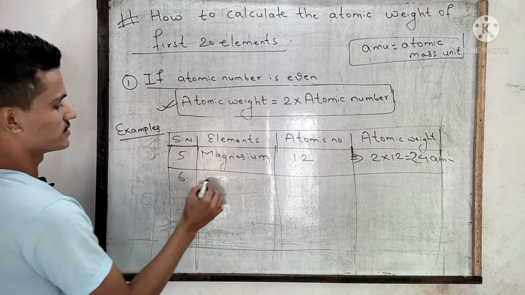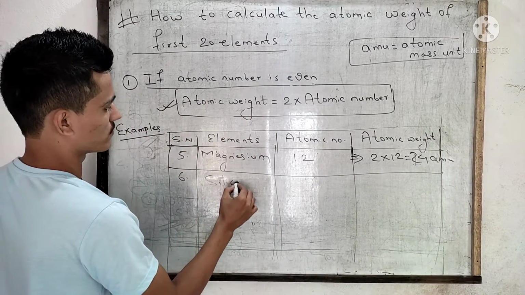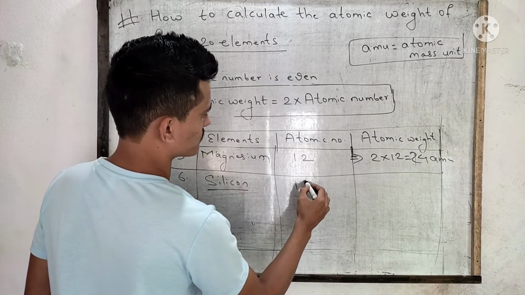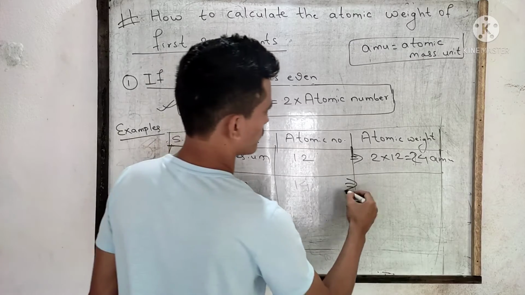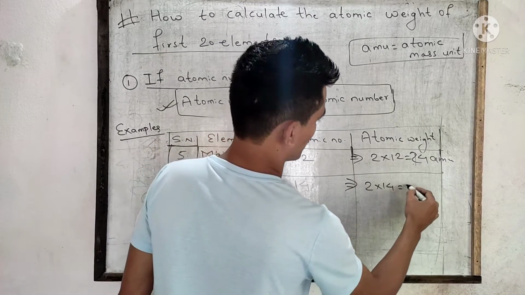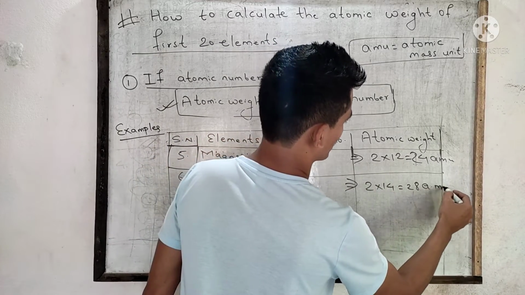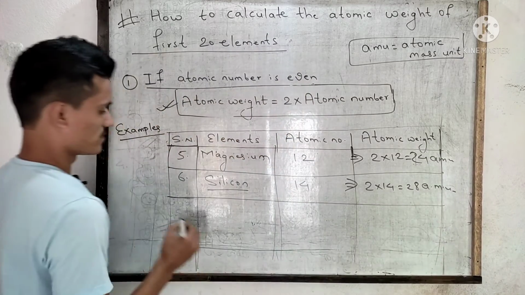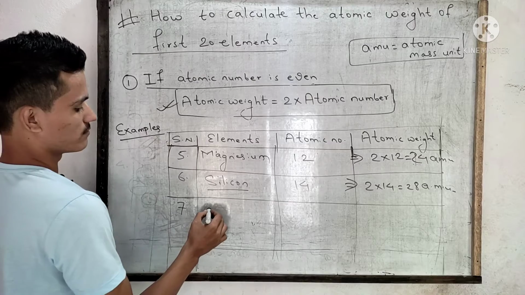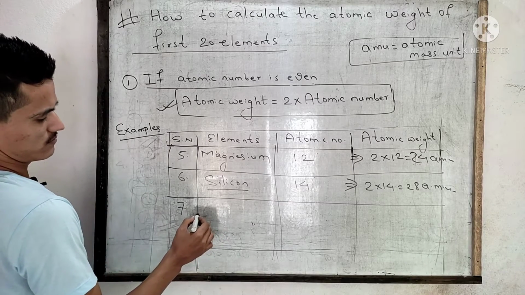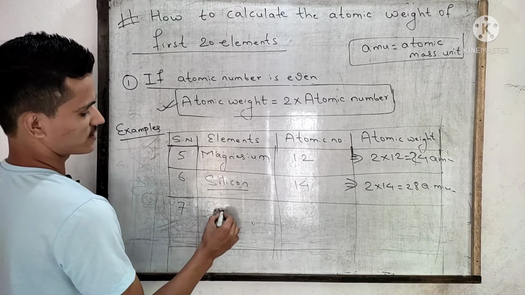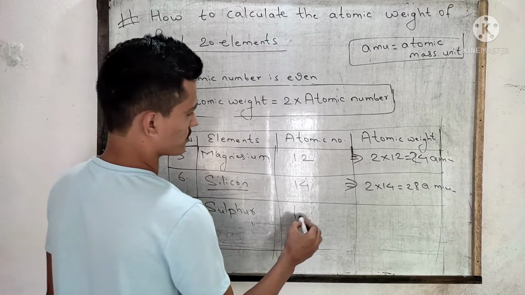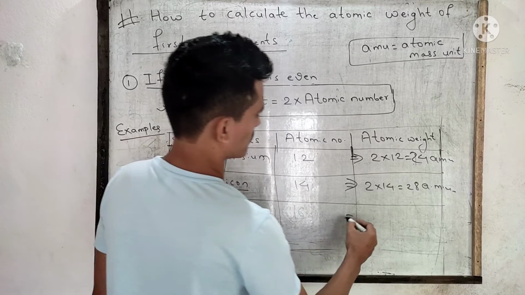Number 6, silicon. Atomic number is 14. Atomic weight will be 2 into 14, equal to 28 amu. Number 7, take sulfur. Atomic number is 16.